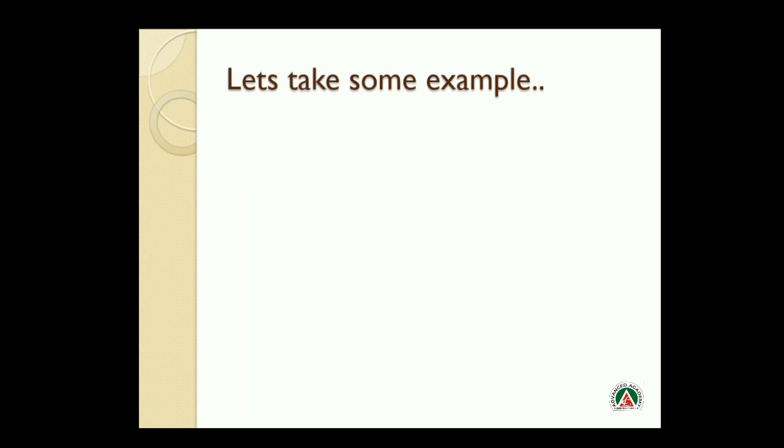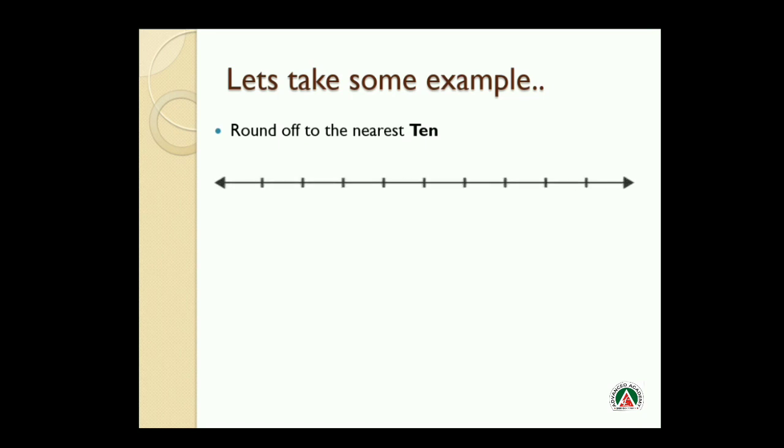Okay, take some examples. Round off a number to the nearest 10. So what we will do, we make a number line in which the lower limit is 10 and the upper limit is 20. We made a number line of 10. What is the center point? The center point is 15.